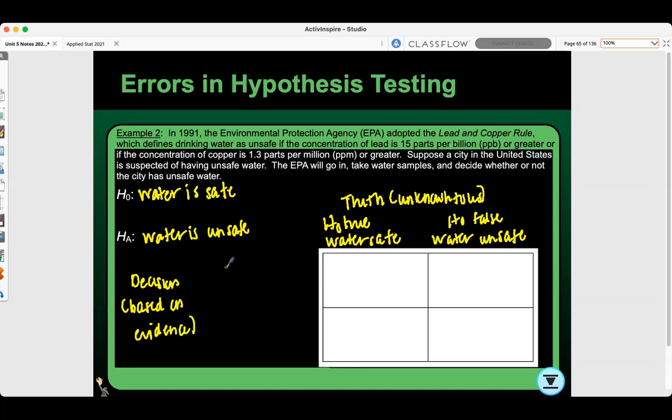That's when we reject our null hypothesis, meaning the test says the water is unsafe, or fail to reject our null hypothesis, meaning the test says the water is safe.